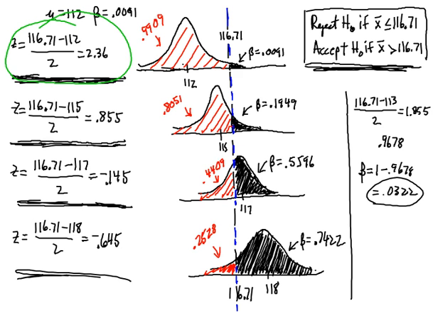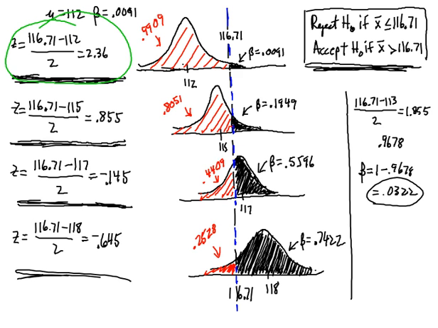Now, a little further down the page there is a problem for you to try. Given a sample of size 100, in other words, increasing from a sample size of 36 to 100, go ahead and calculate or put together a decision statement and use that decision statement to fill in the chart.